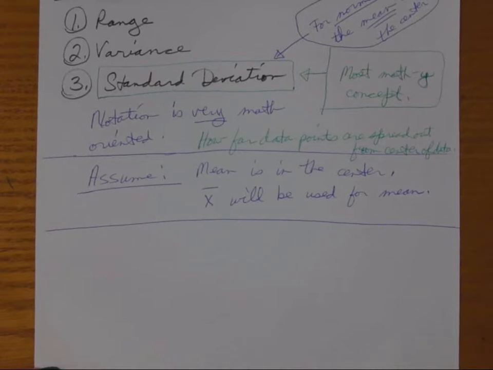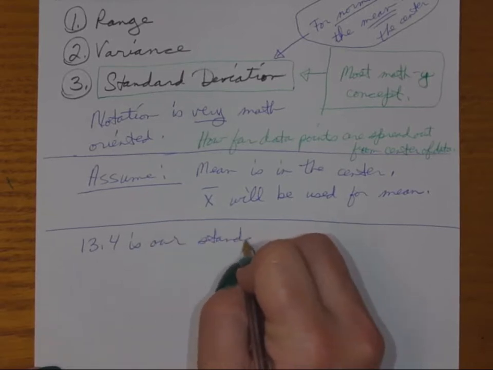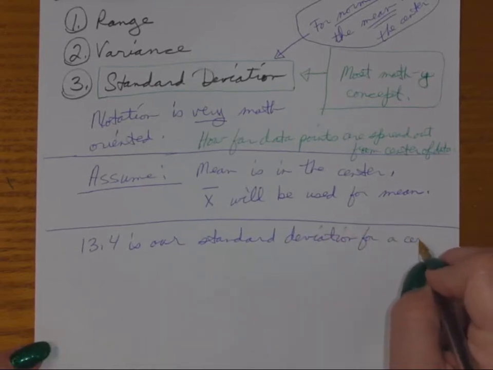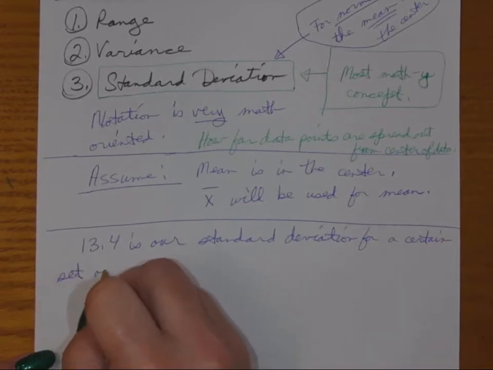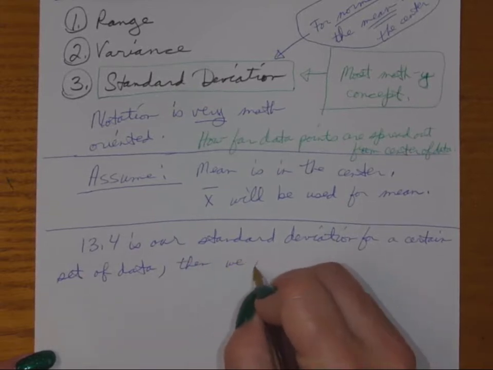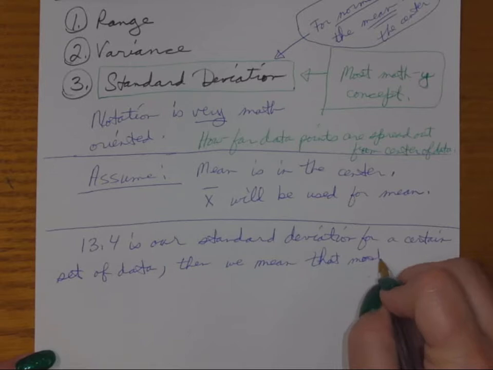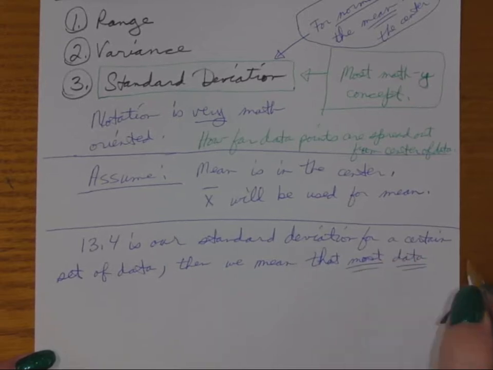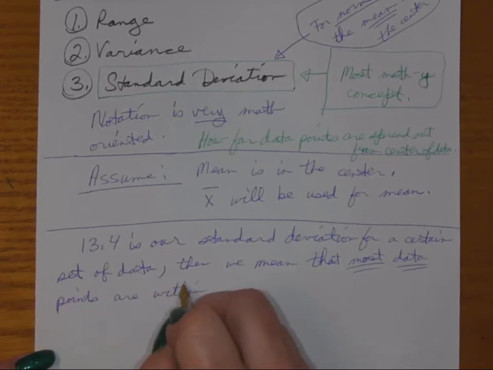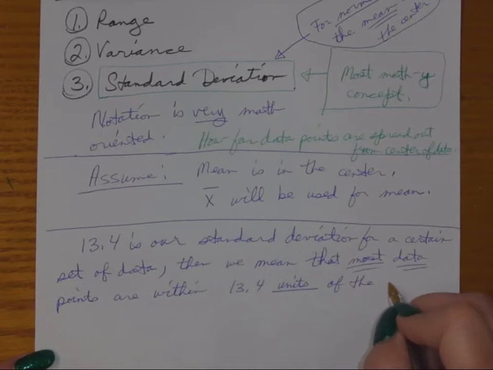Okay, so here's an idea. If we say 13.4 is our standard deviation for a certain set of data, and it doesn't matter what set of data it is, then what we mean is that most of our data points are within 13.4, whatever the units are we're working with, of the mean.